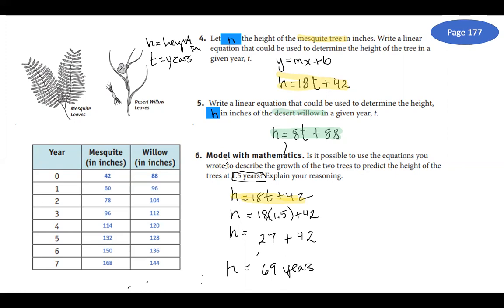We can do the same thing for the willow tree. Let's bring our willow tree equation in here. So we got h is equal to 8t plus 88. Let's color it green. So that's our green equation right there.